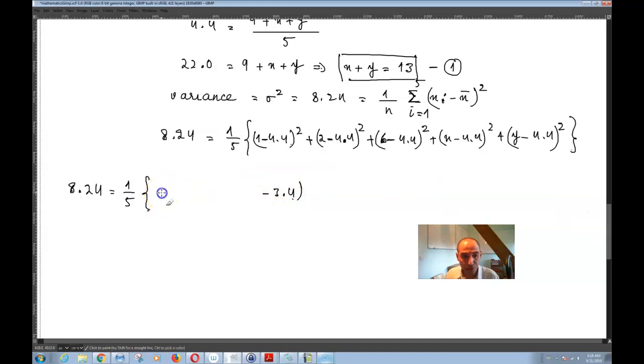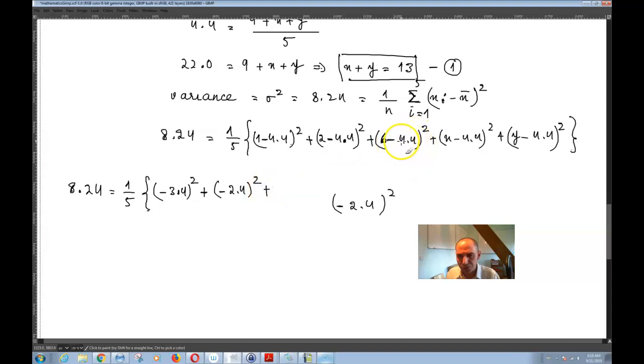Actually I have to write this as negative 3.4 squared. And then I have 2 minus 4.4 squared, which is equal to negative 2.4 squared. So 2 minus 4.4 is equal to negative 2.4, so that's plus negative 2.4 squared.